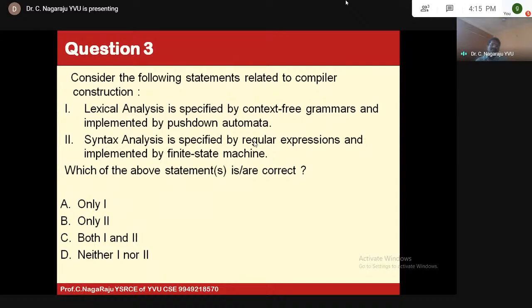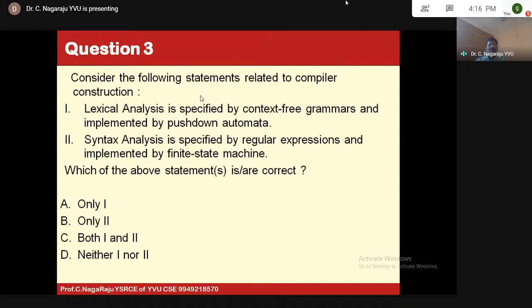Without knowing the basics and the fundamentals, it is highly impossible to answer the questions. That's why even though lakhs of students write the GATE examination, very few get through, because of the lack of fundamentals. They may be good at the subject, but fundamentals are very important.